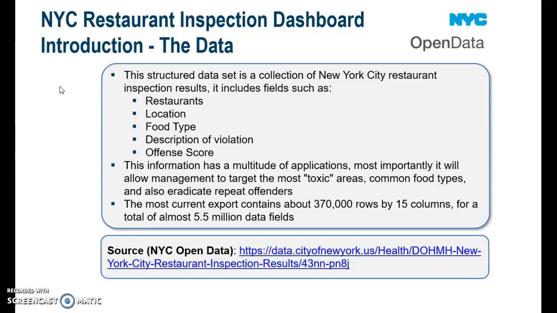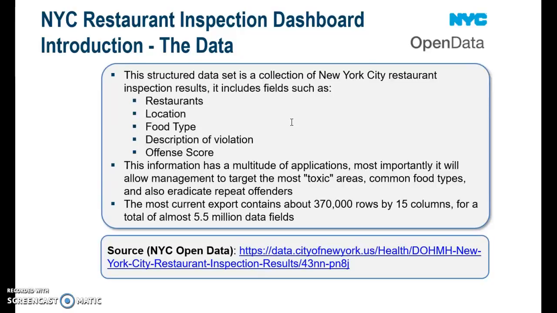The results are then uploaded to the New York City Open Database on a daily basis and measure different types of information, including the restaurant name, the location, both at the city as well as zip code level and also borough, the type of food being served, and finally the type of violation that has been identified.